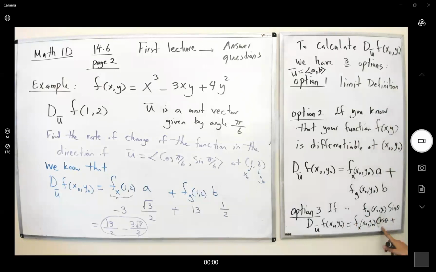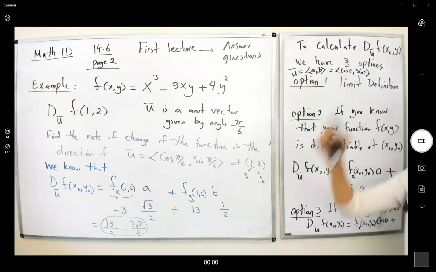What is cosine theta? What is sine theta? Those are the polar form of u using theta. Note that since it's a unit vector, r is equal to 1. If you're wondering why r is equal to 1, it's because it's a unit vector, unit circle. So here you go.